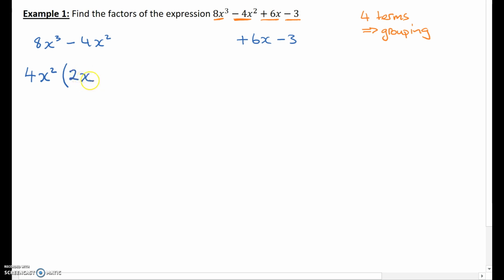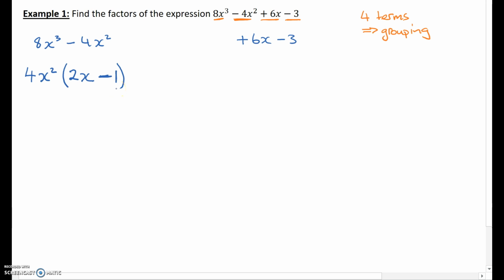X to the power of 1. So that'll be 2x. Now you ask yourself, what do I need to multiply 4x squared by to give me negative 4x squared? That was in the original expression. Well, you're going to need a negative sign, certainly. And then 4x squared times what gives you 4x squared? It's the same thing. Well, what do you multiply to get the same thing? By 1. Okay. So 4x squared times 2x minus 1.